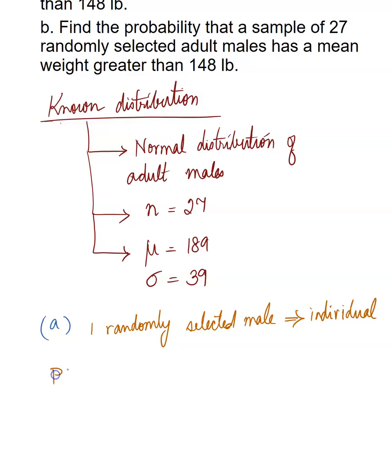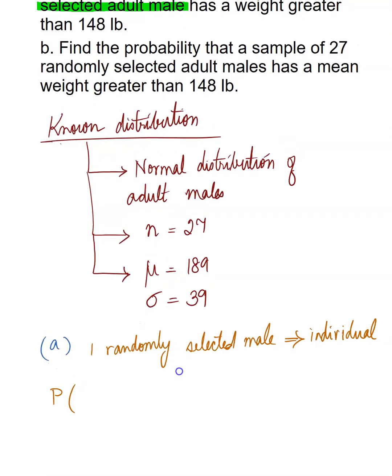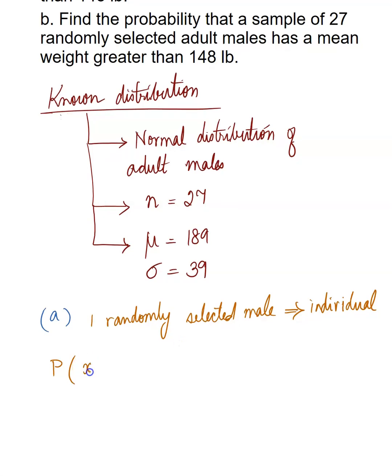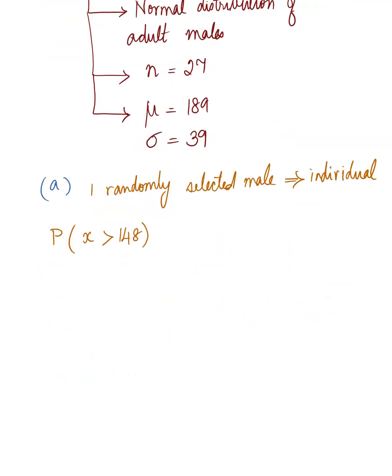So then our probability that this one individual has a weight greater than 148 pounds can be written as X, not X bar. It's an individual. So X greater than 148 pounds. So we're trying to find P of X greater than 148 pounds. Okay, let's use the calculator. However, we want to draw the graph here.